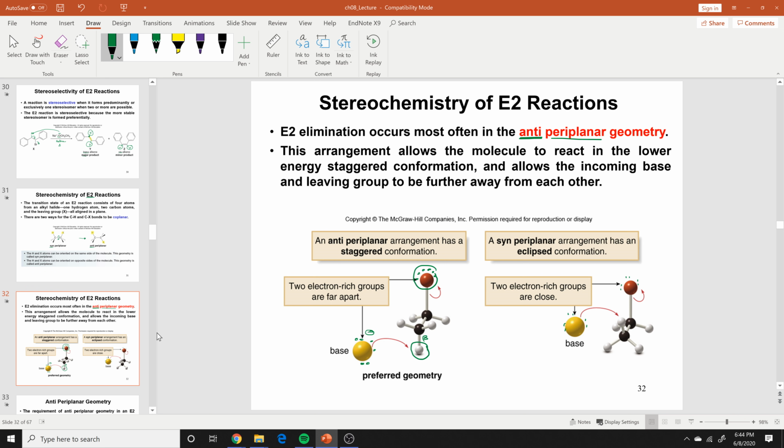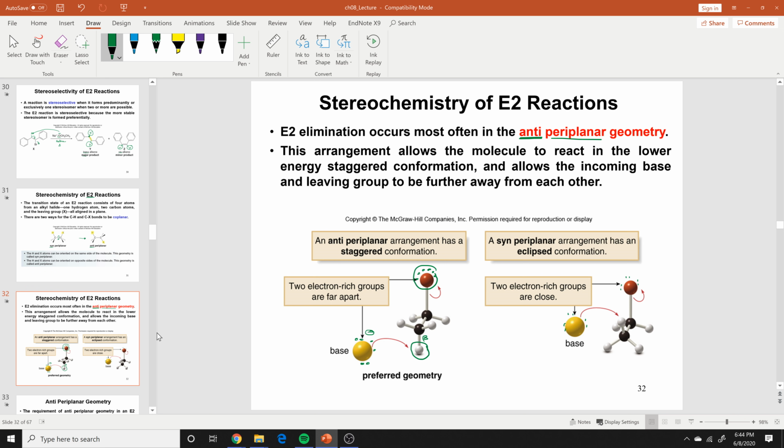The best orientation is for the hydrogen to be on the opposite side of the leaving group. That way, when the base comes and takes this beta hydrogen, it will not interfere or interact with the electron-rich leaving group.